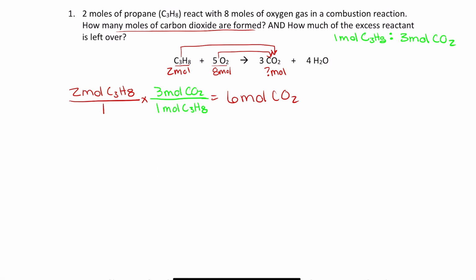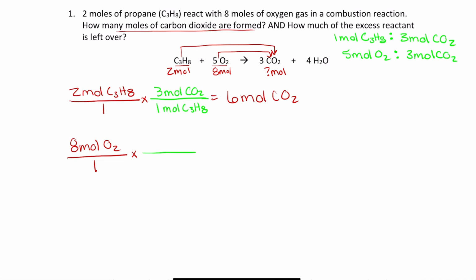Now I'm going to start a second calculation for my 8 moles of oxygen. Since I'm already in moles again, I can just go ahead and set up my mole ratio. My mole ratio from oxygen to carbon dioxide is 5 moles of O2 for every 3 moles of CO2.